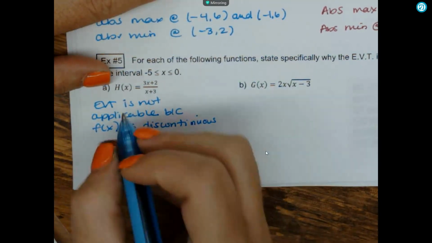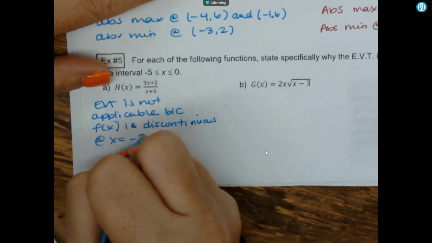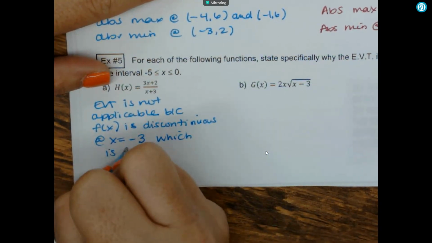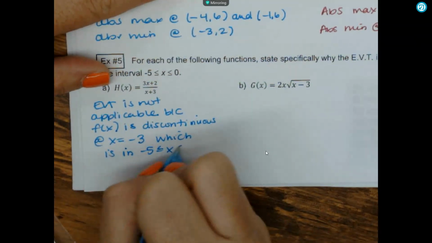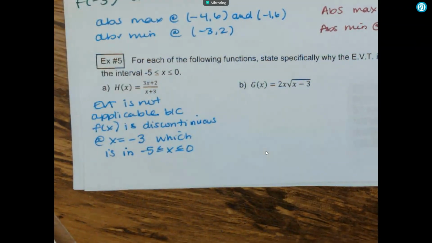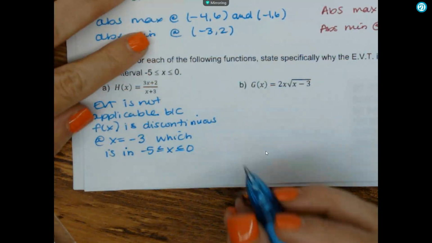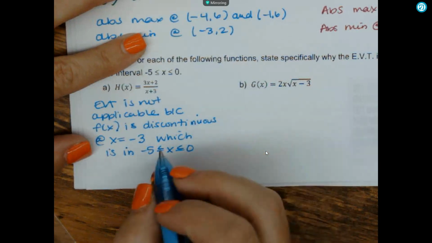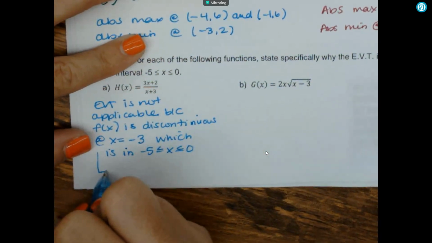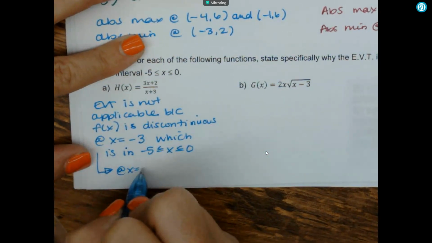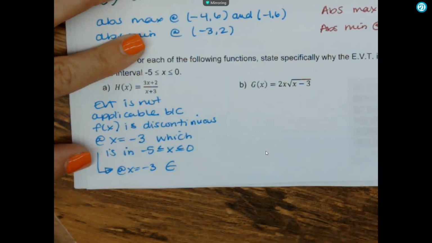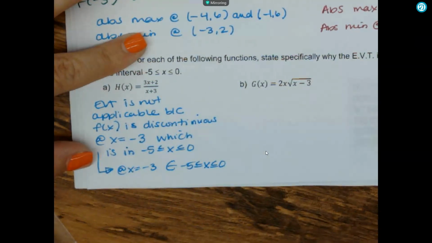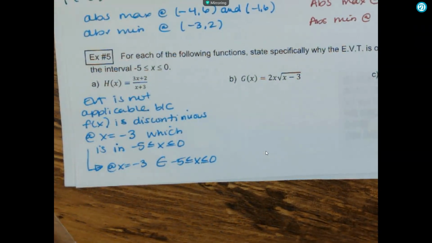Is discontinuous at x equals -3, which is in [-5, 0]. Or you could say at x equals -3, and you could use this symbol, which means 'is an element of.' It's like a C with a line out of it.